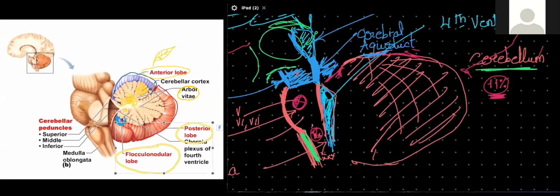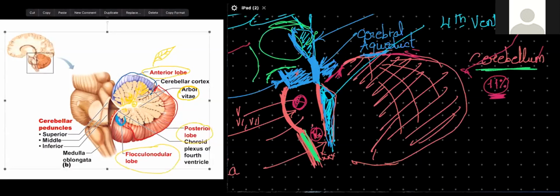Remember, what do we call the gray matter of the cerebrum? Anybody?